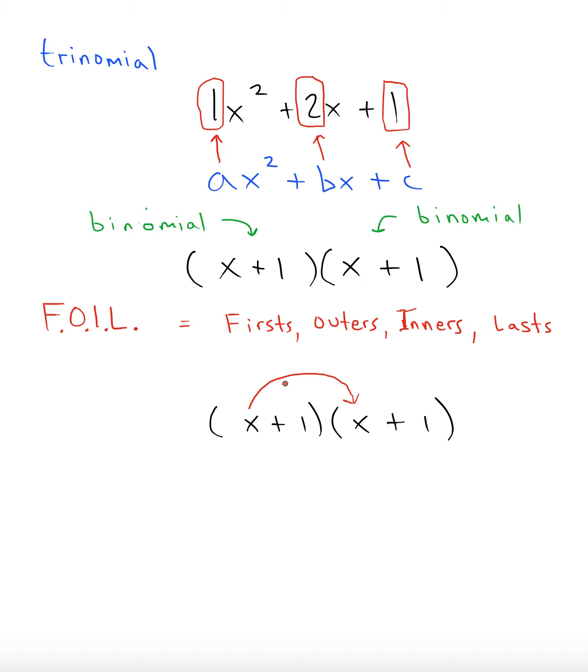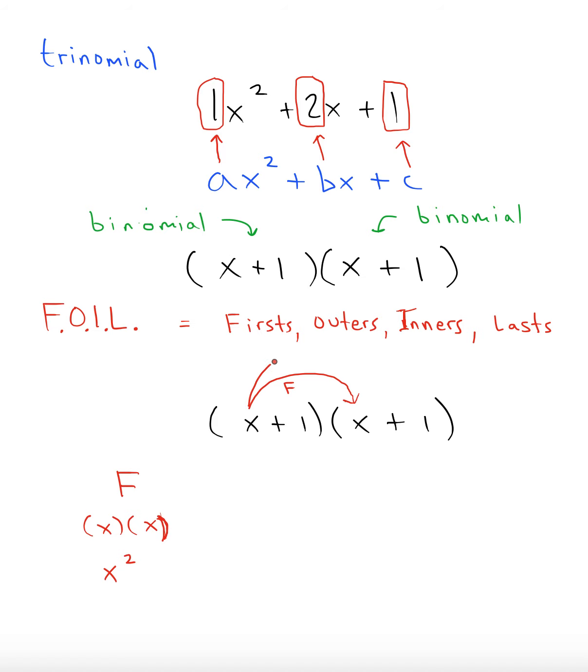That's the F in FOIL. Now, let's do that over here on the side. We need to multiply x times x, which makes x squared.